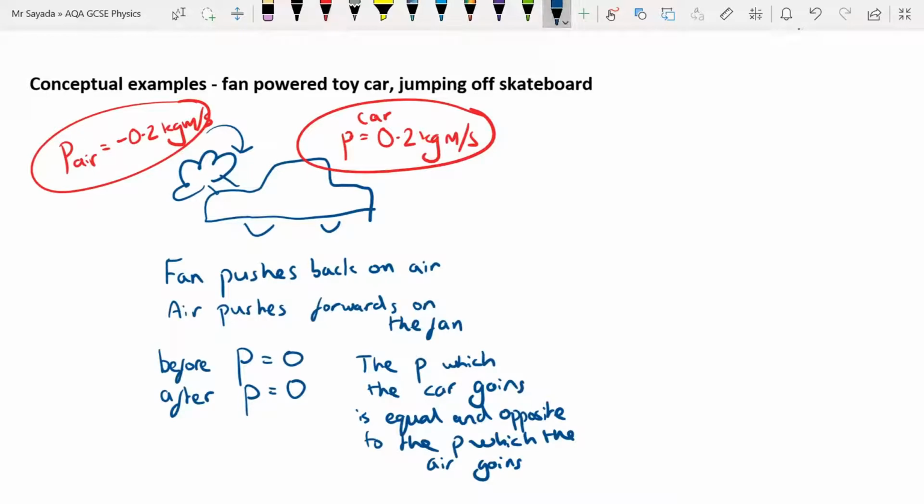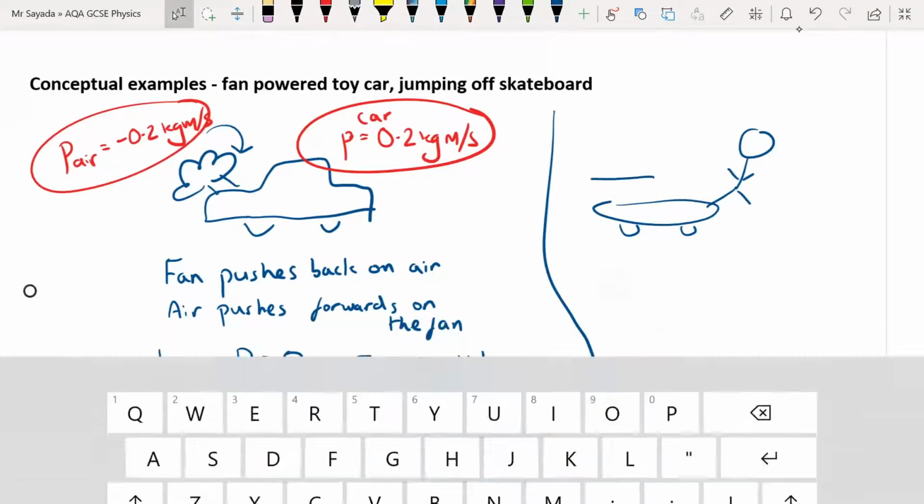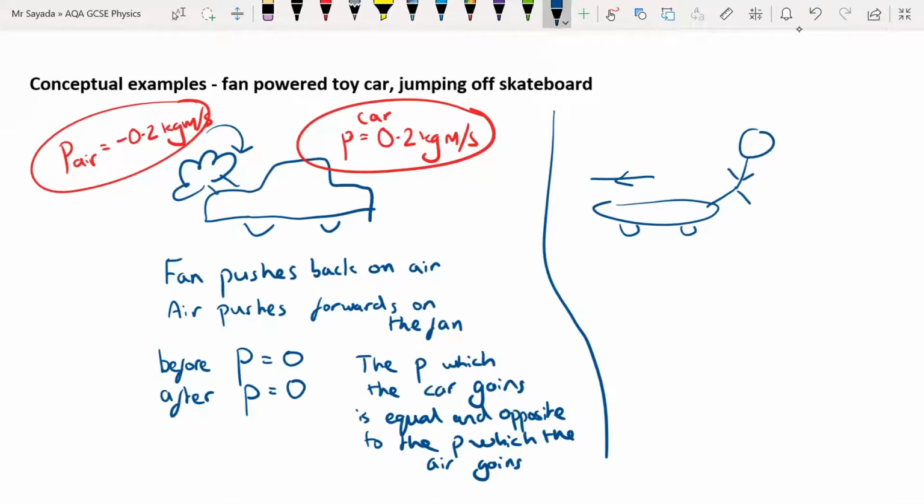Let's look at a very similar example to that. Imagine somebody has a skateboard and they jump off the skateboard. As they jump off, the skateboard recoils backwards, and we're going to explain why. When the person jumps off, they push back on the skateboard. So again, we have Newton's third law.